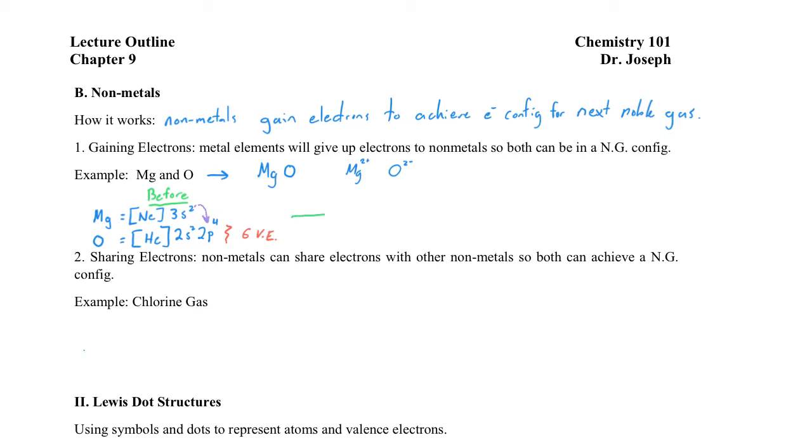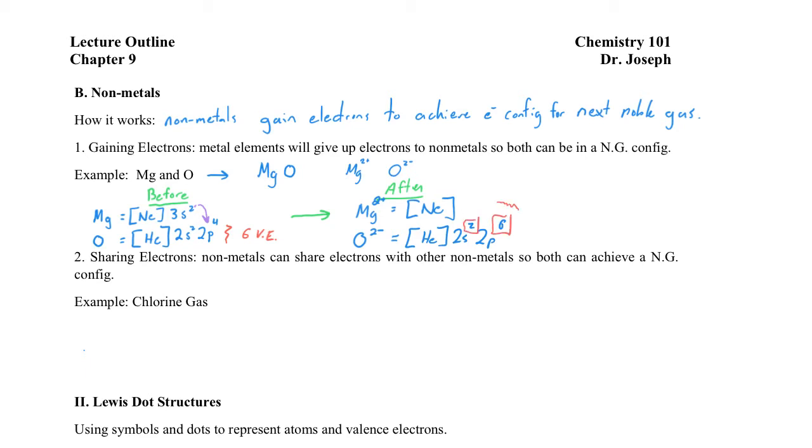So we're going to take these valence shell electrons from magnesium and transfer them over to oxygen. That way, magnesium will have a noble gas configuration and happens to have a 2+ charge, and it resembles neon as far as its electrons are concerned. Then oxygen gains those 2 electrons, so its new configuration is going to have 8 electrons in the valence shell: 2s2 and 2p6.